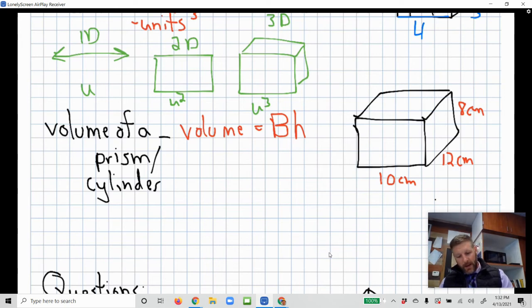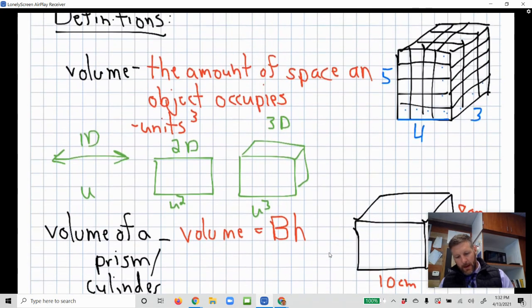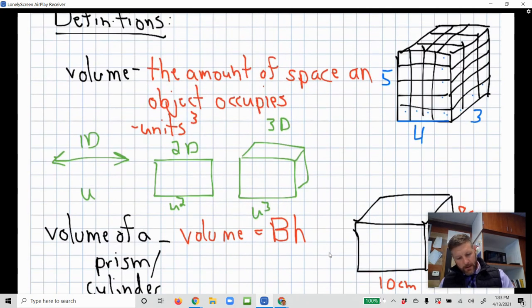If we go back to the little square up here, if we know how many blocks are here, and we could call this the base, then that's a certain amount of area. Then if I just multiply that by the height, how many times that area is stacked on top of itself, that tells me how much space something is going to take up.